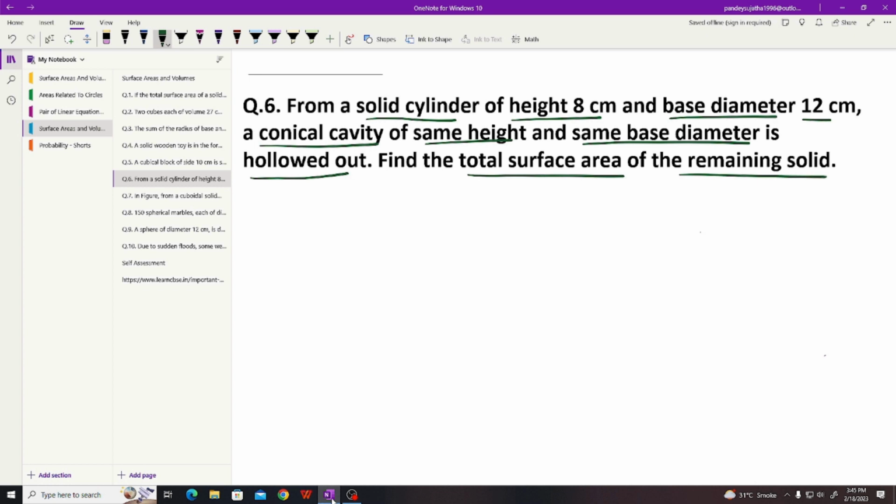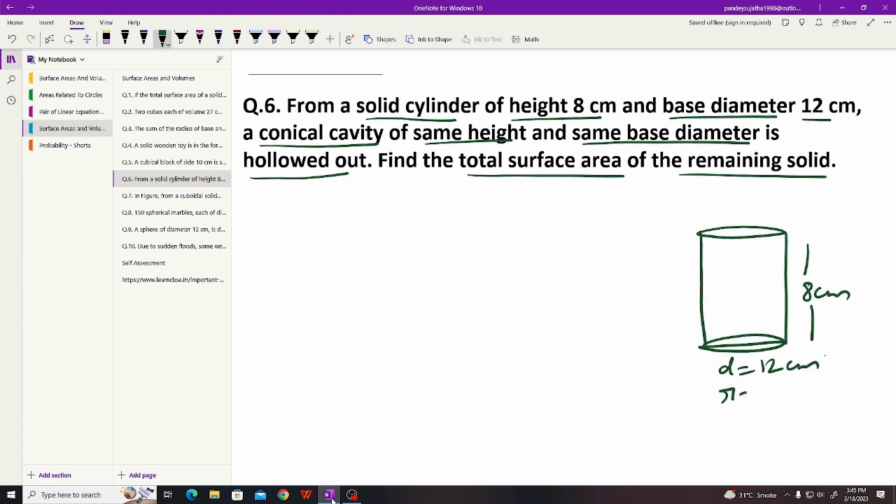So from the cylindrical object whose height is 8 centimeter and the base diameter is 12 centimeter, the radius will be 6 centimeter.